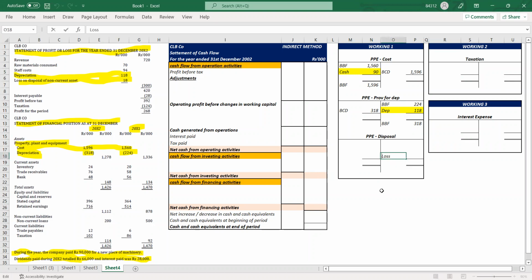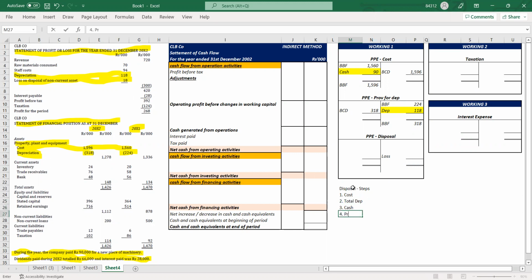Disposal, there are 4 steps. Disposal steps. There are 4 steps. One is we need to transfer the cost. Then we need to transfer the total depreciation. 3, the cash received from the disposal.